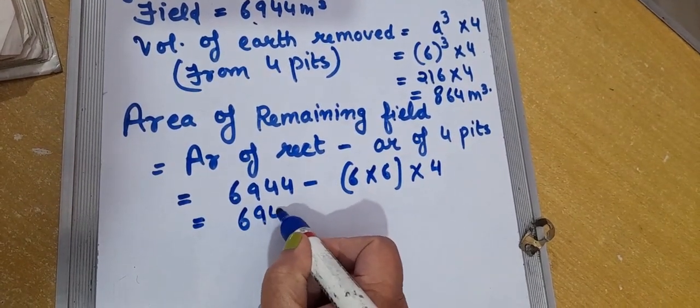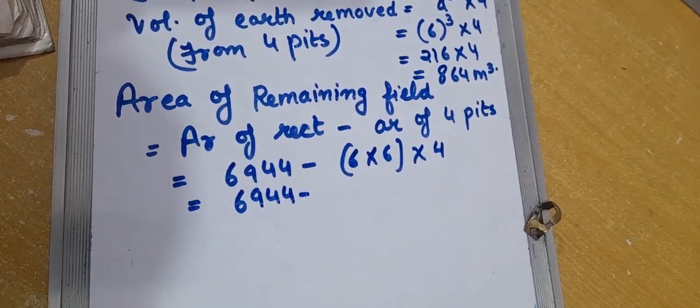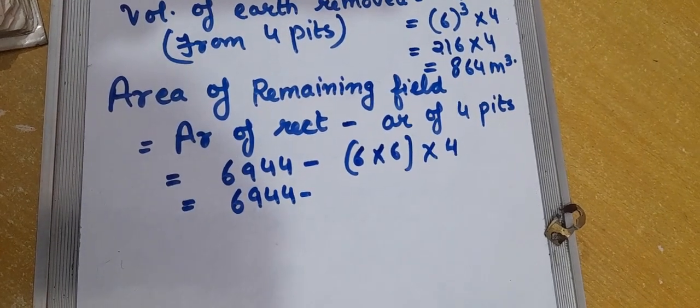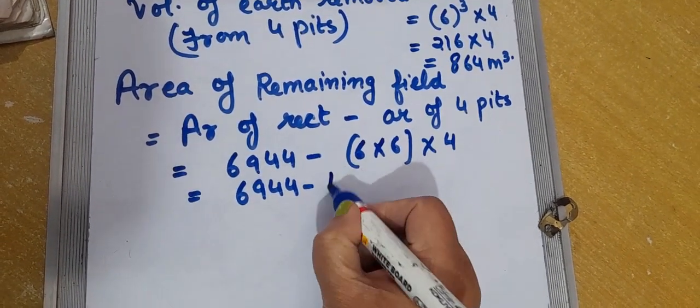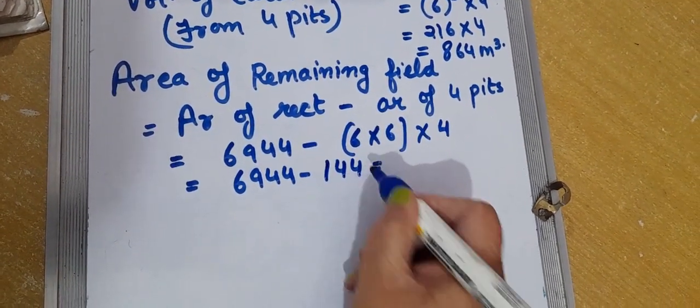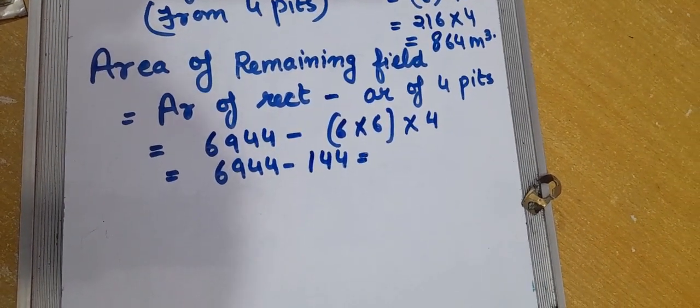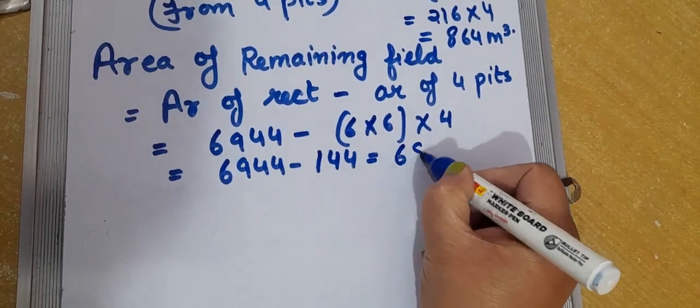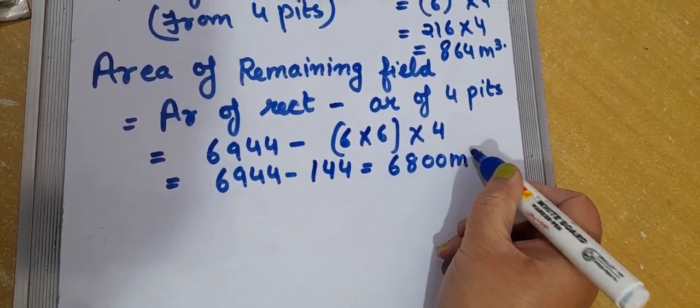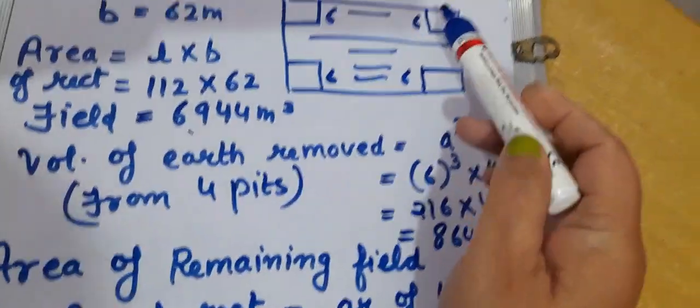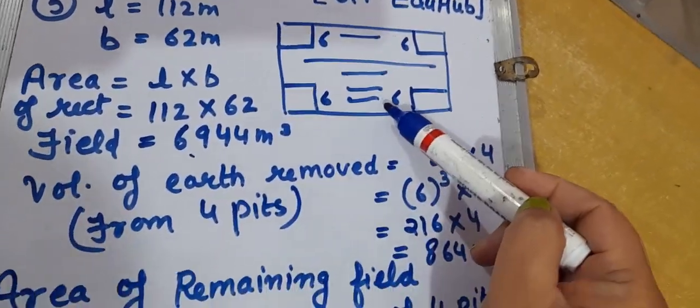So 6944 minus 36 into 4. You get 144. Subtract this. And you get the area of remaining field, that is 6800 meter square. So area of this remaining field is 6800 meter square.